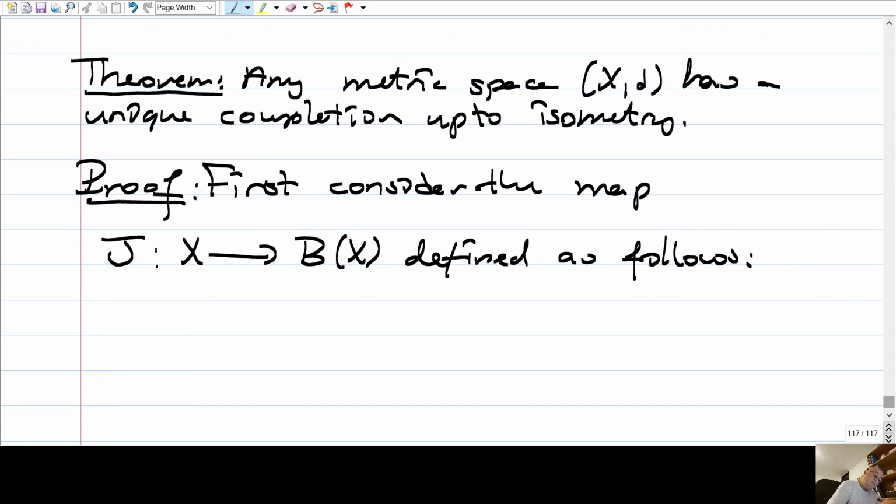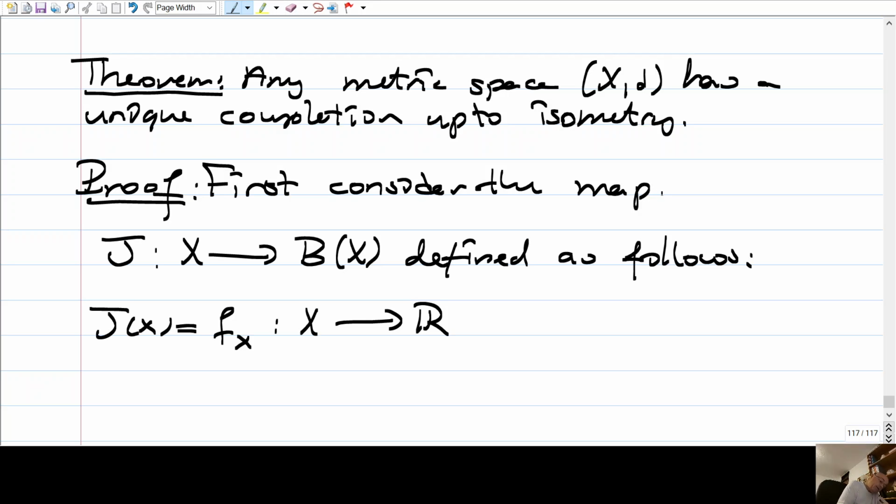I will associate any element of the metric space to a function. So Jx will be just a function, and this function is a function on X, defined as follows.